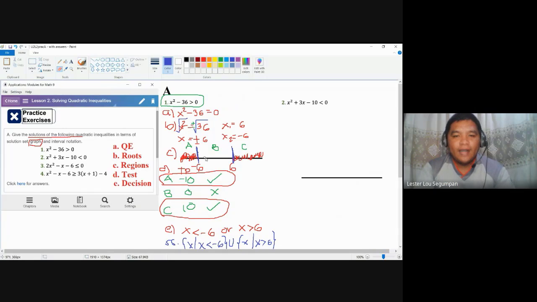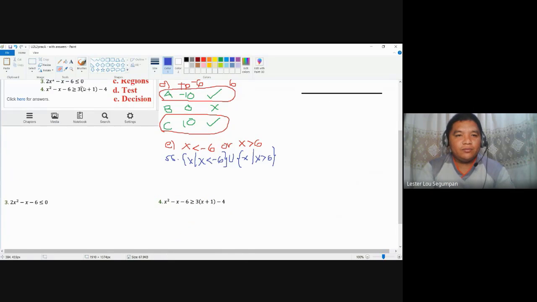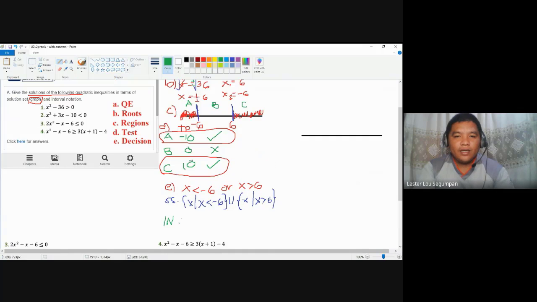This is already the graph. Right? No need for me to make the graph, to save space here. And let's have the interval notation. Looking at the graph, it extends towards negative infinity until negative 6, but it stays open. You may just use here open if you want.